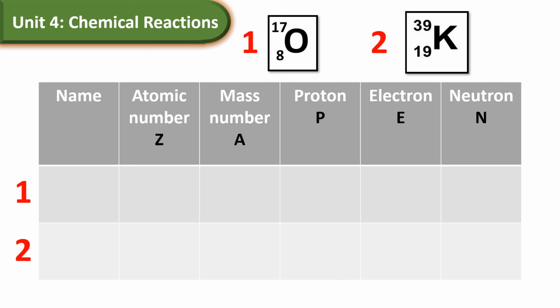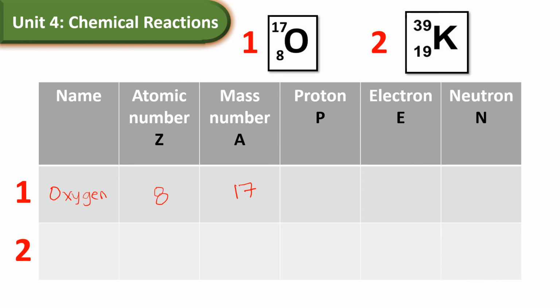Let's begin first with number 1. You have the element name, which is oxygen. Very good. And what is the atomic number of your oxygen? Oxygen has 8. And mass number? 17. Very good. How about protons? How many protons does your oxygen have?